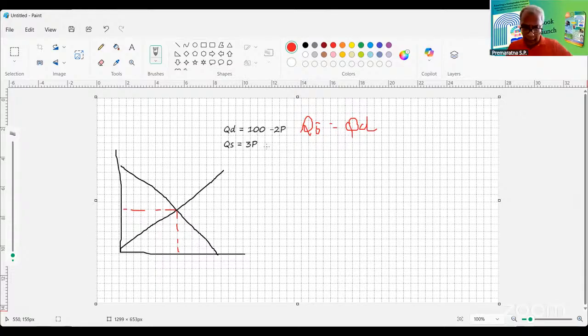I hope you have done it. In this case, the equilibrium quantity, of course, becomes 20, which means the market now moves 20,000 or 20 million items. That's the equilibrium point.